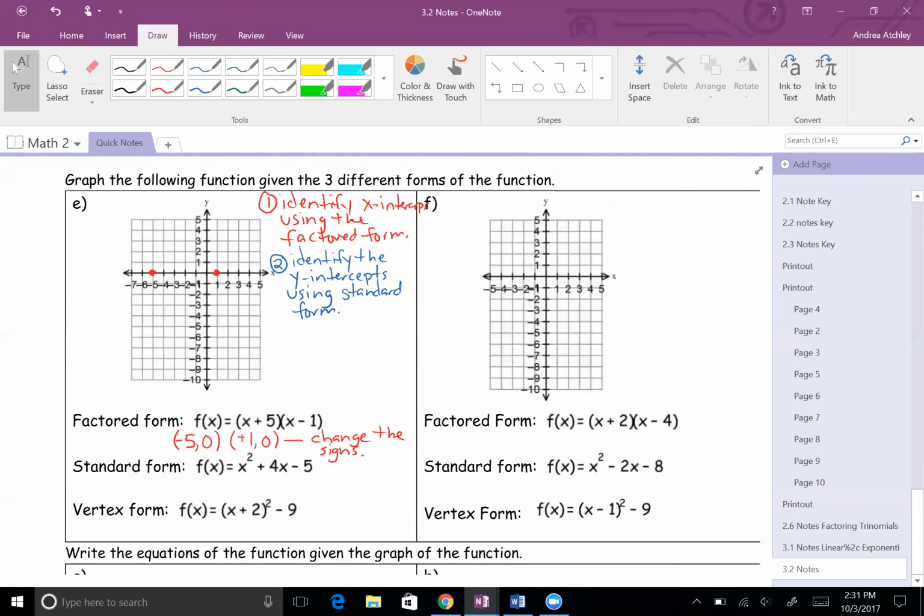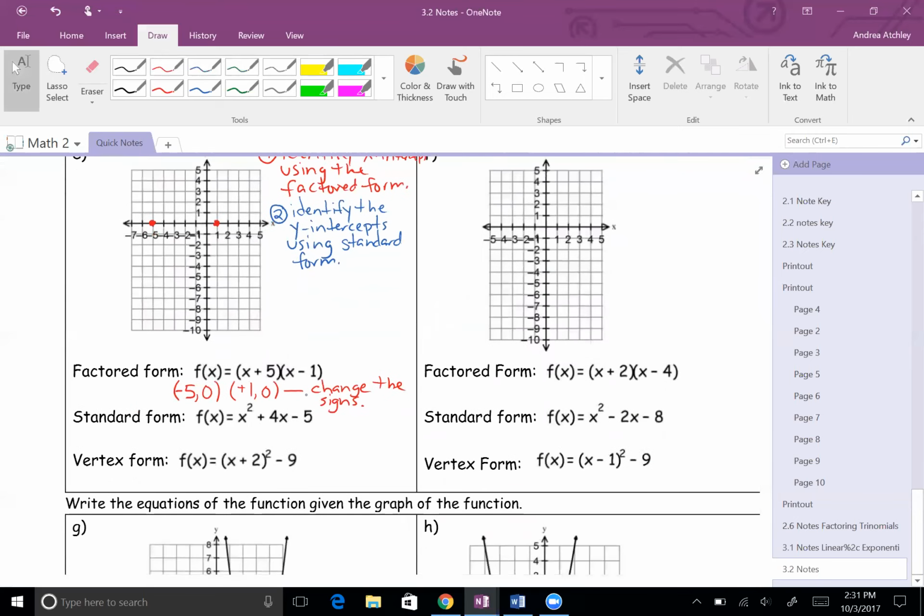So I go back here. The constant is -5. So the y-intercept is 0 for x and -5 for y. So I'm going to go where x is 0 and y is -5, which is right here.